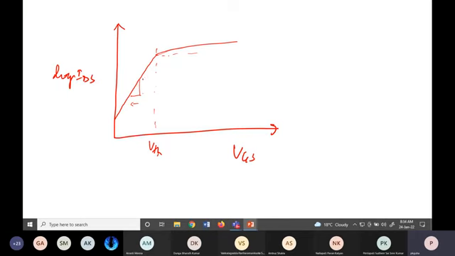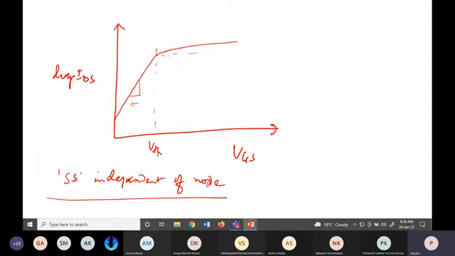Now the thing is, the subthreshold slope SS is independent of node. So if we go from a 330 nanometer process to a 180 nanometer process, the subthreshold slope will not change.